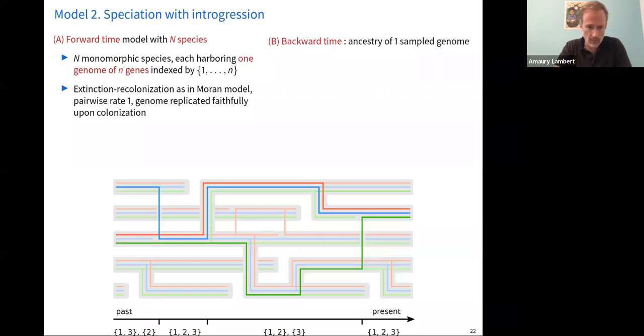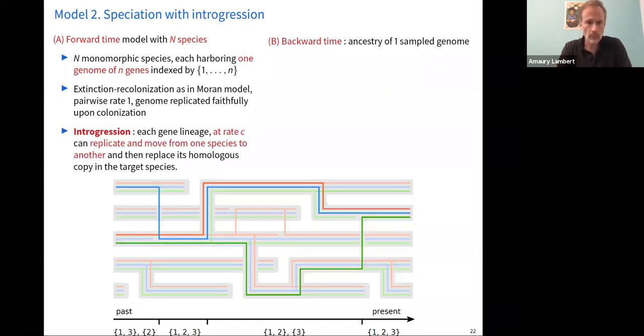You see, let's say, the second type of event, which is highlighted. And now we add introgression events. So introgression events mean that you will introduce some genetic material into some other species. And how do we do that? Each gene lineage, one in n, at rate C, can replicate and move from one species to another, and then replace its homologous copy in the target species.